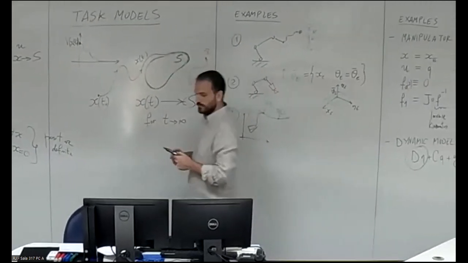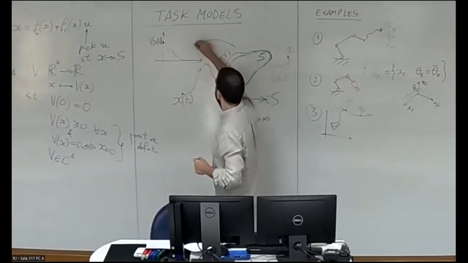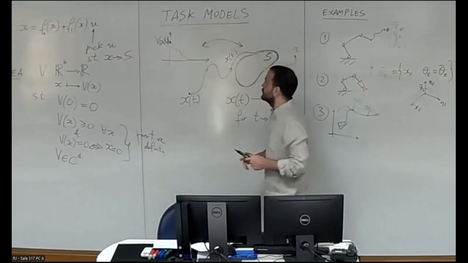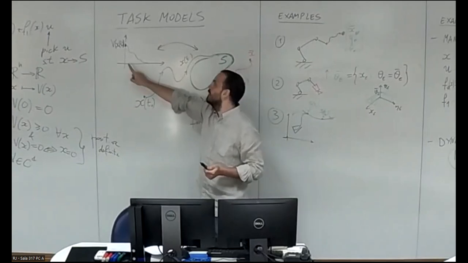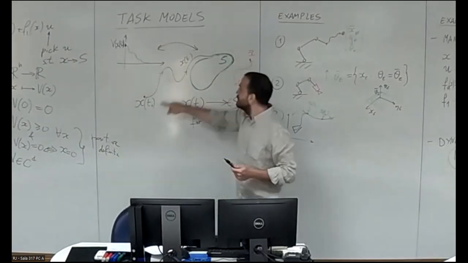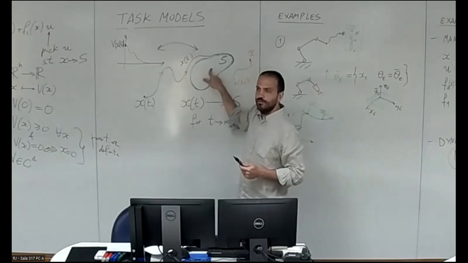So this is the picture. Now you can see that seems much easier to do. We just need to control one value to 0. And then we are sure that x goes to the center.